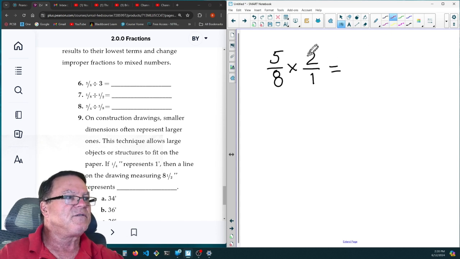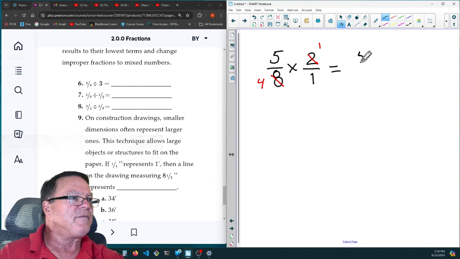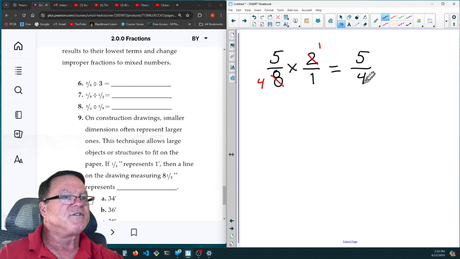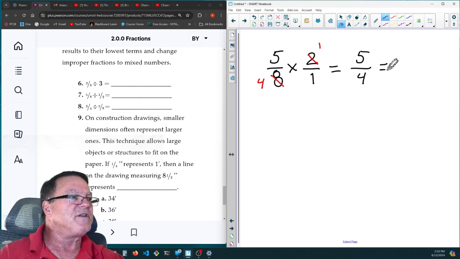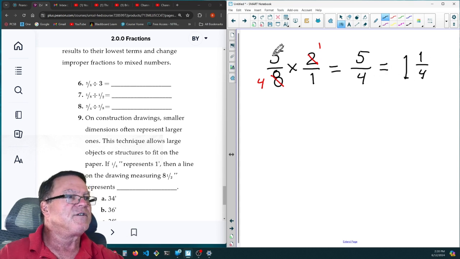Now we'll cross cancel by changing the 2 to a 1, change the 8 to a 4. 5 times 1 is 5, and 4 times 1 is 4. So we ended up with 5/4, which means we're going to subtract 4 from the 5 and make it 1/4, and that was one whole number, 1 1/4. So 5/8 divided by 1/2 is 1 1/4.